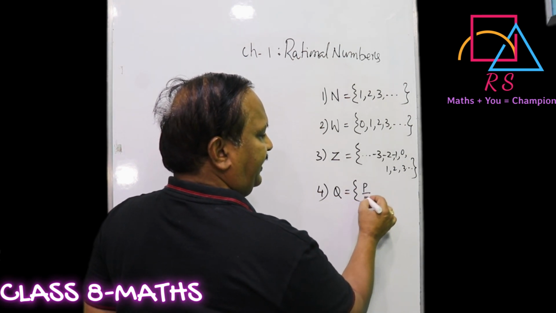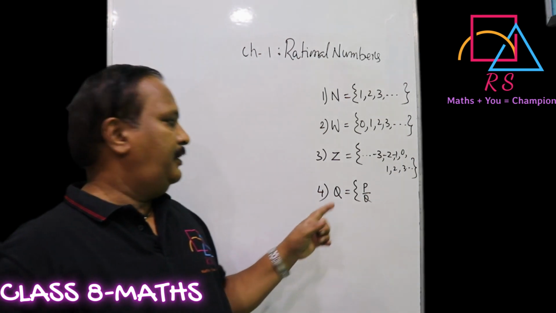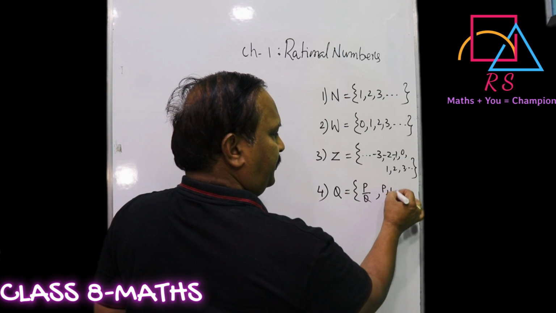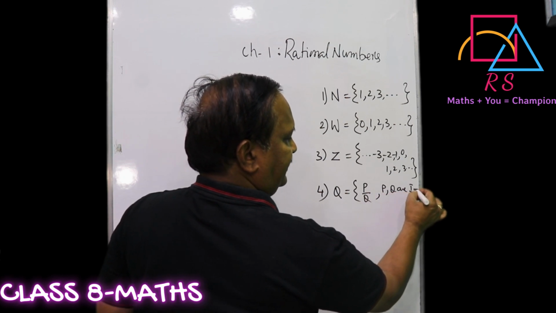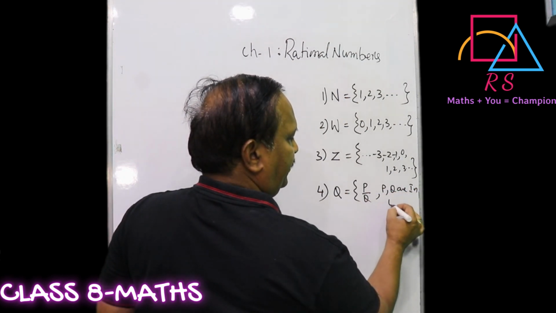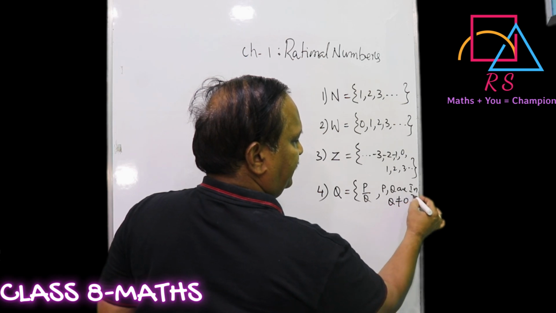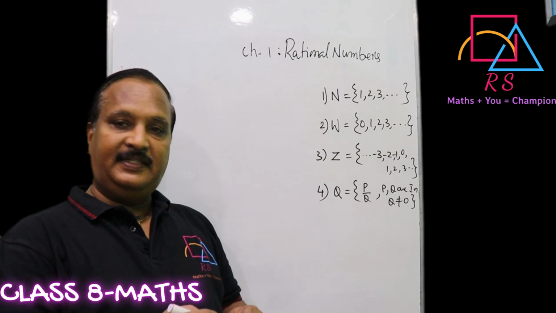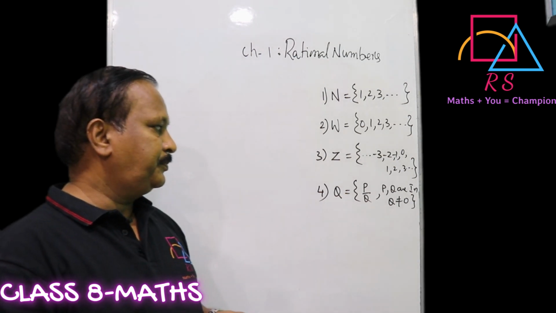Rational numbers: any number which is in the form of p by q, where p and q are integers and q is not equal to 0. You have learned this last year in class 7.